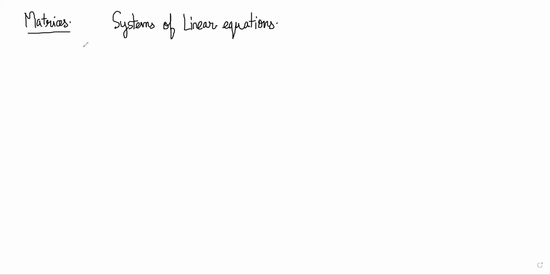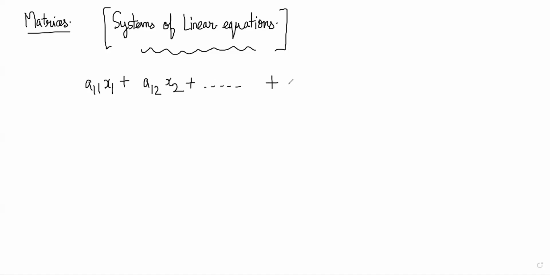Okay, we'll finish the last topic for matrices, which is solving systems of linear equations using matrices. So basically the idea here is if you have n linear equations in n unknowns, they can be written like this. Let's say these are my equations: a11 x1 plus a12 x2 and so on up to a1n xn is equal to b1.